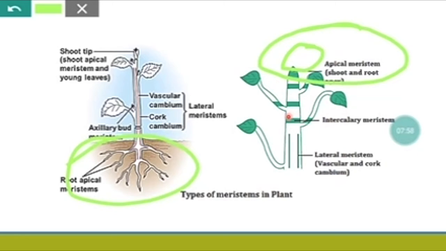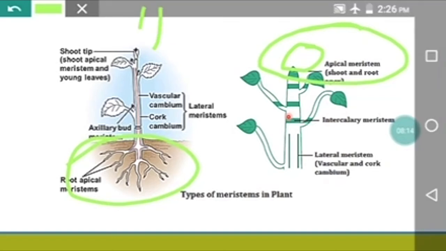So what are the main characters of the meristematic tissue? The cells of this tissue are commonly called meristem. Normally, the cells of the meristematic tissue are called meristem.